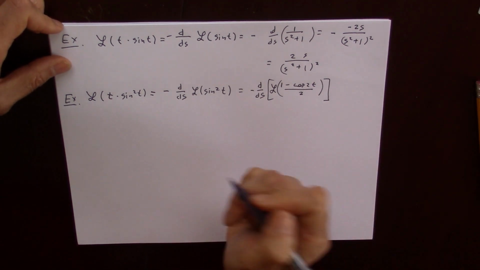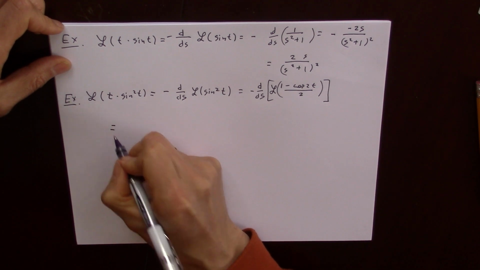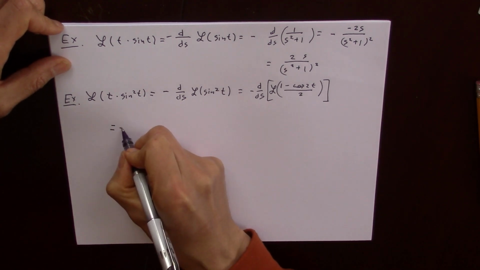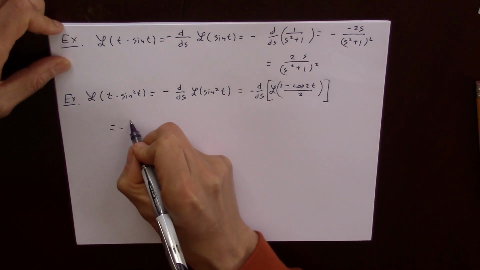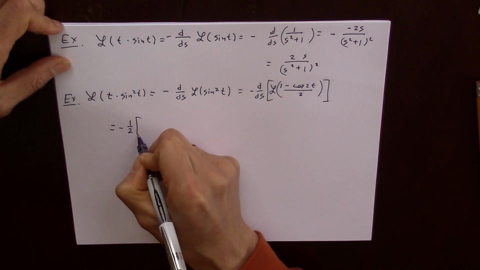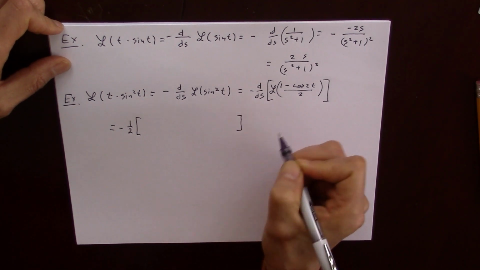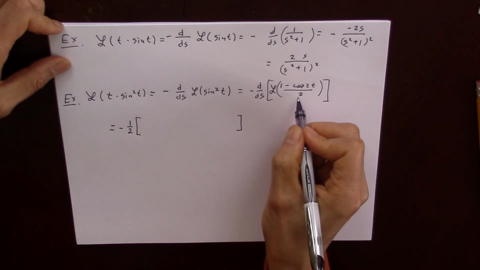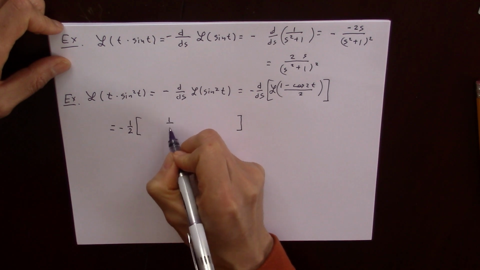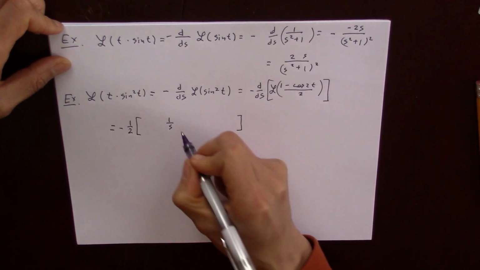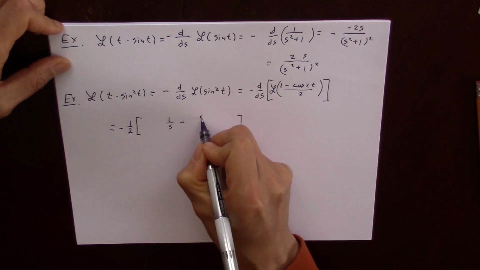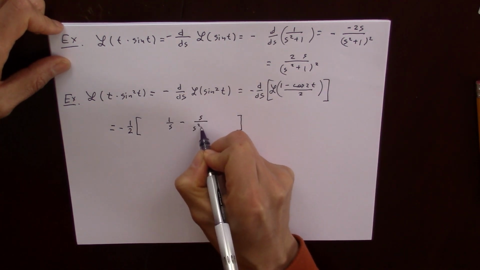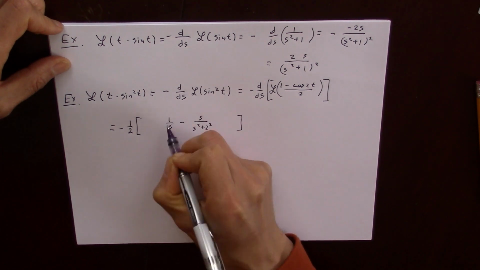Alright, moving on, and we're going to get negative. Laplace transform of this expression, take 1/2 out. Laplace transform of 1 is 1 over s. Laplace transform of cosine of 2t is s over s squared plus 2 squared.